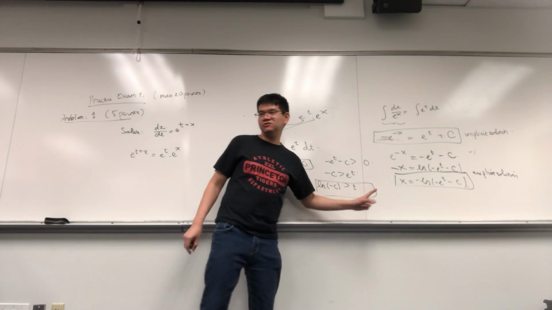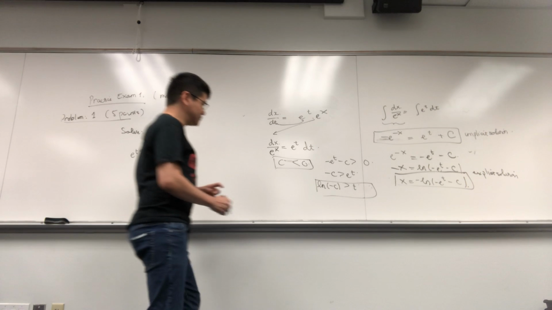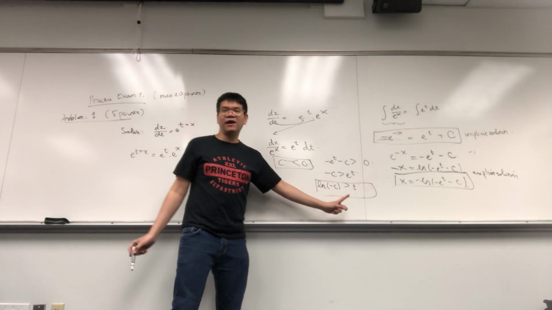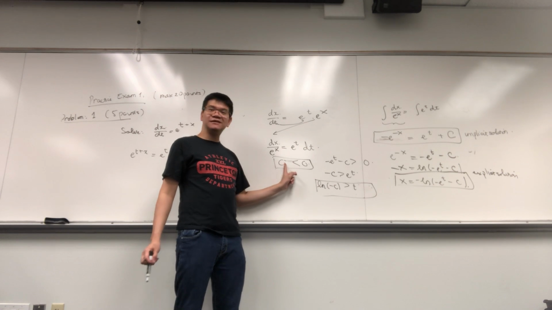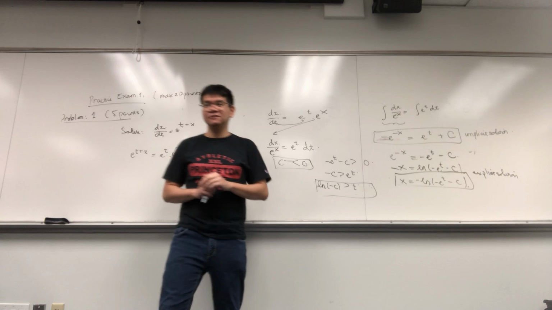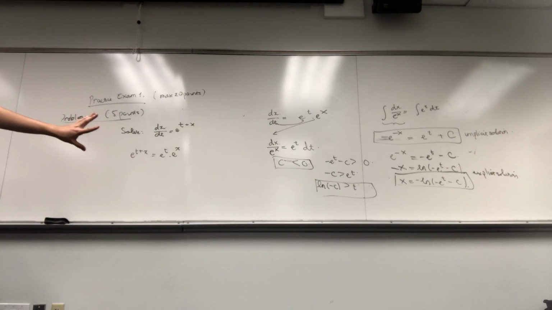So you cannot take t to be on the full real line R. You have to have t smaller than log of minus c. But in order to have that, you have to have that c is negative, so that you can take the log of minus c. Questions? But this is something difficult, and I'm not asking you to do it in the exam. Questions? It's clear?